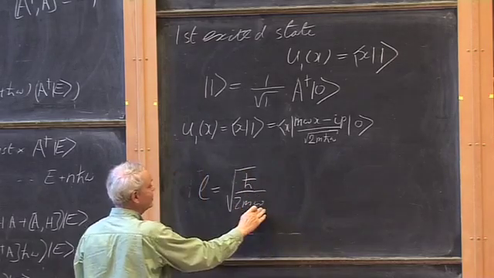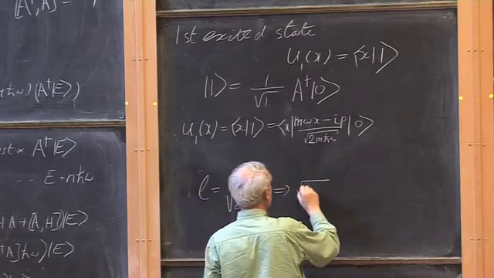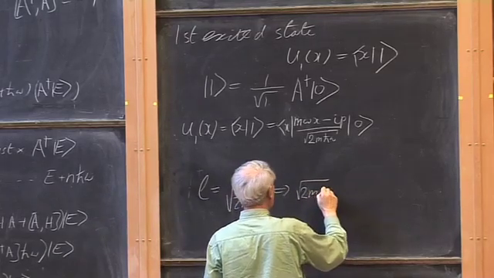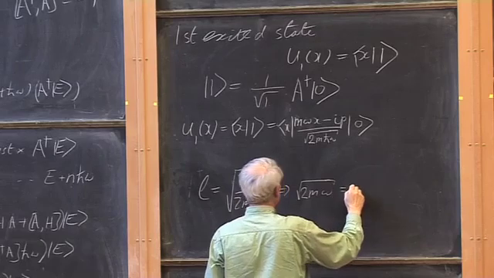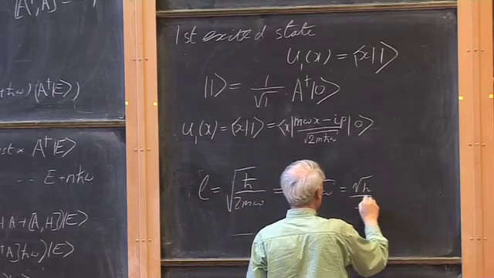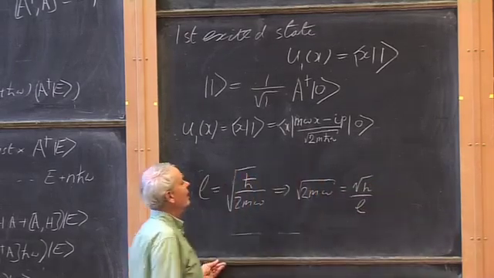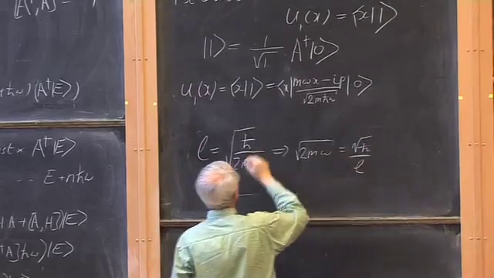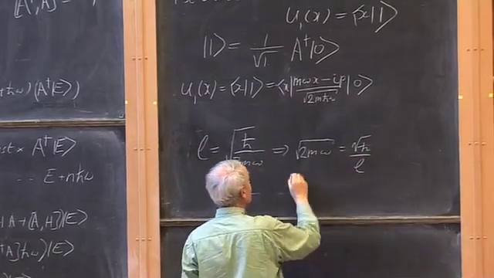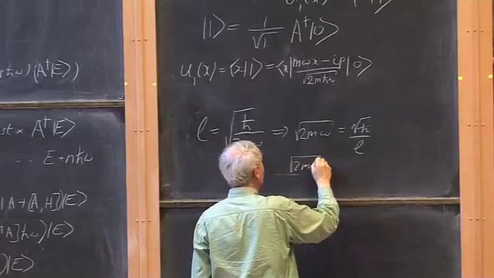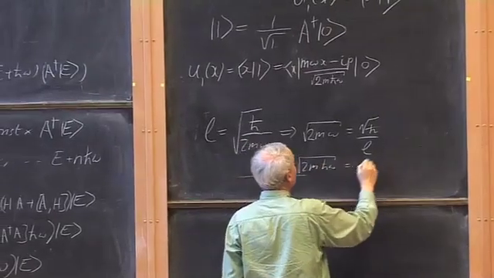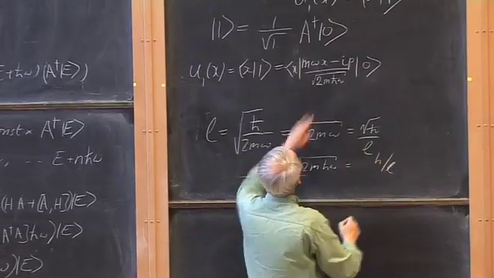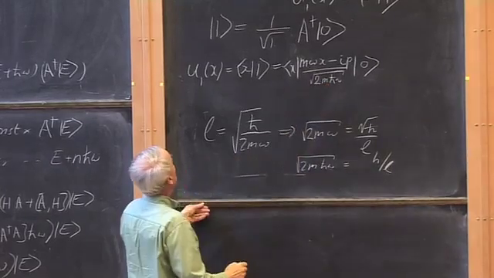Multiplying through, the square root of 2m omega is equal to the square root of h bar over L. Multiplying through by h bar, the square root of 2m h bar omega is in fact equal to h bar over L. So this factor here is equal to h bar over L.